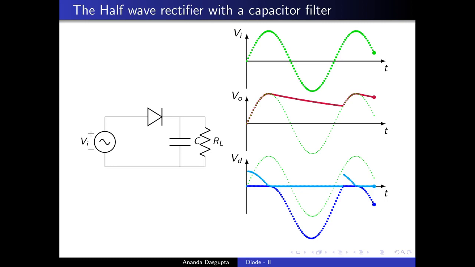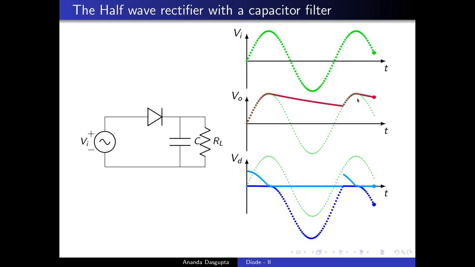But let me just point out that it's very easy to understand that this filter, the capacitor filter, will work much better as a way of blocking the AC from getting to the output and keeping the output nearly DC, or nearly flat.